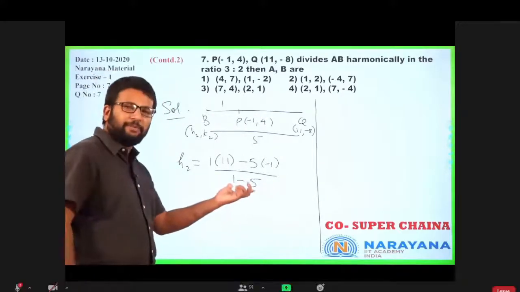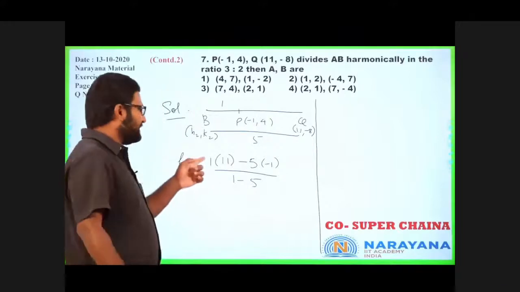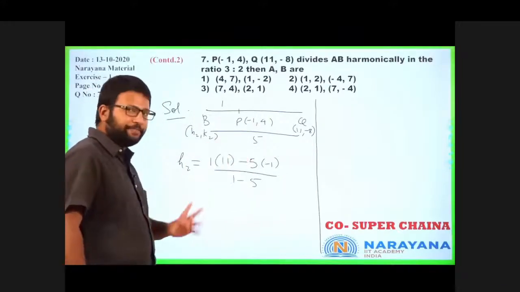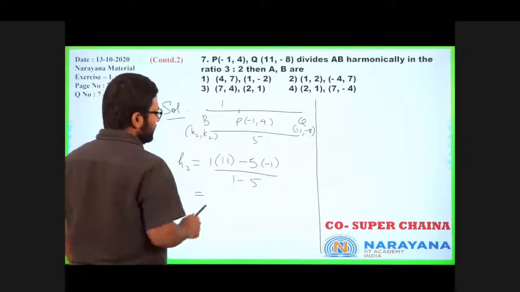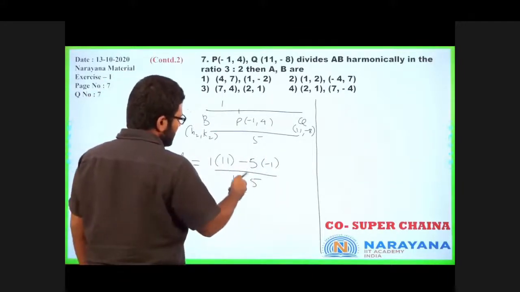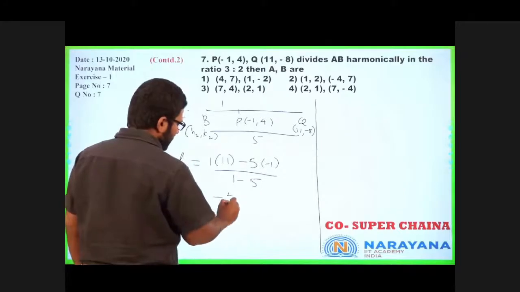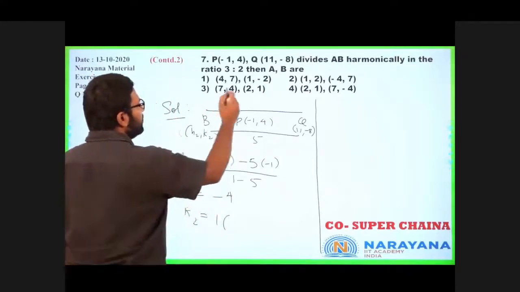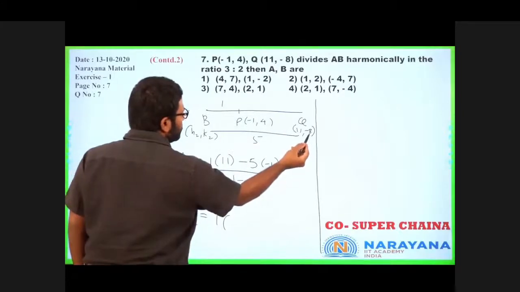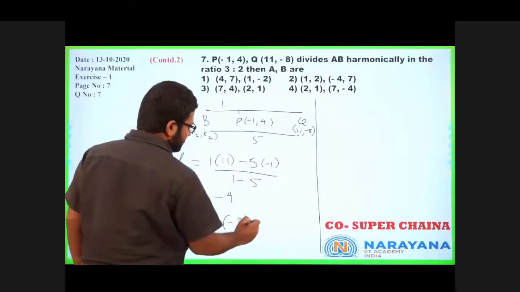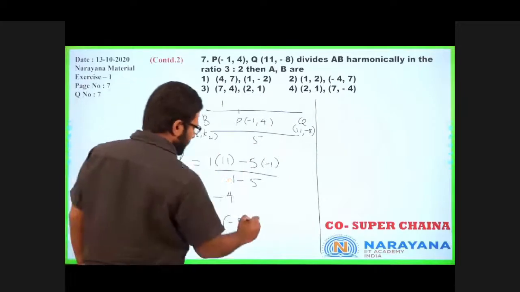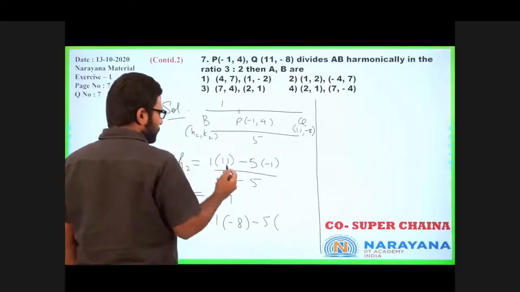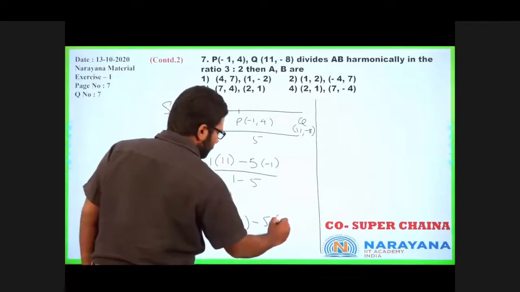Once again, should I use 1 minus 5 or 5 minus 1? Whichever one you use first, you use that number first, right? So 1 into 11 and therefore 1 minus 5. How much would that be? 11 plus 5 upon -4, so this is -4, right? And k2 would be 1 into y coordinate of Q, so -8. 1 into -8 minus 5 into 4.